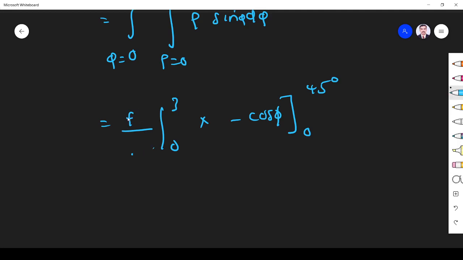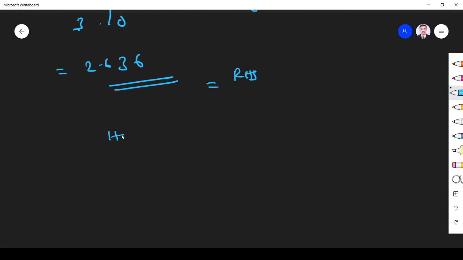If you simplify, what you get is 2.636. This is equal to our right hand side. So now Stokes theorem is verified.